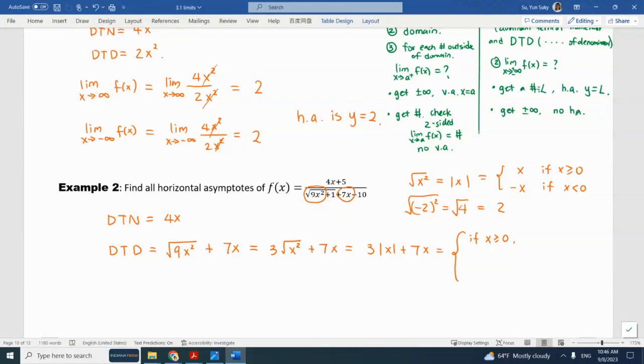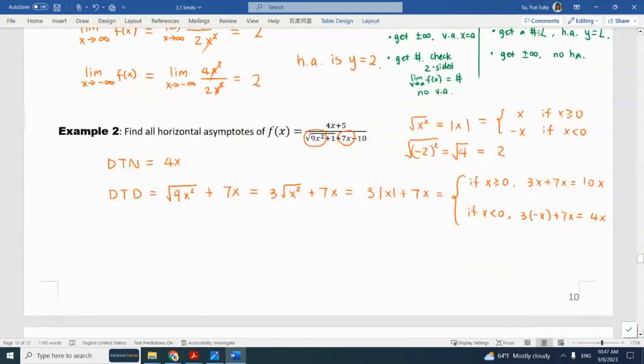Because x is negative, minus x will be positive, right, everybody? So if x is greater or equal to 0, you get 3x plus 7x, which is 10x. But if x is less than 0, you get what? 3 times negative x plus 7x. What's that? 4x. Yeah. You know, this difference can give us two different horizontal asymptotes.